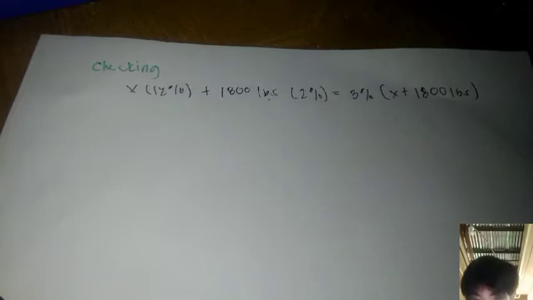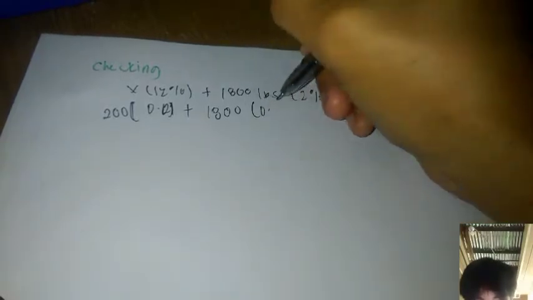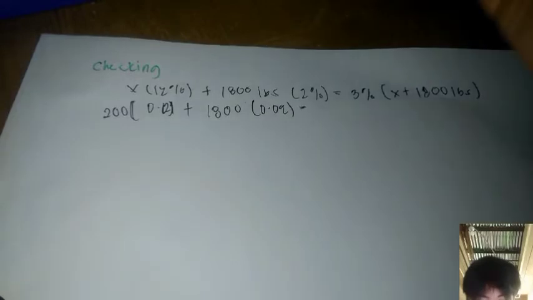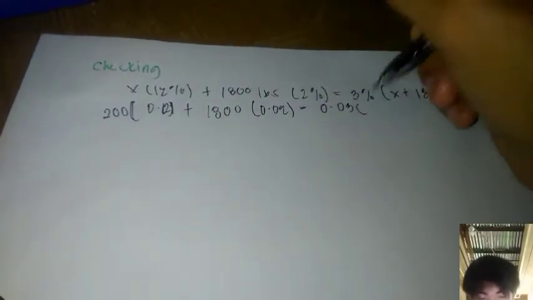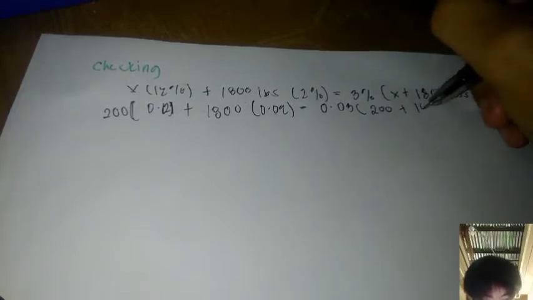So let's do the checking. We need to substitute the 200 pounds to x. Let's turn the percent into decimal points, so we have 0.12, 0.02, 0.03.